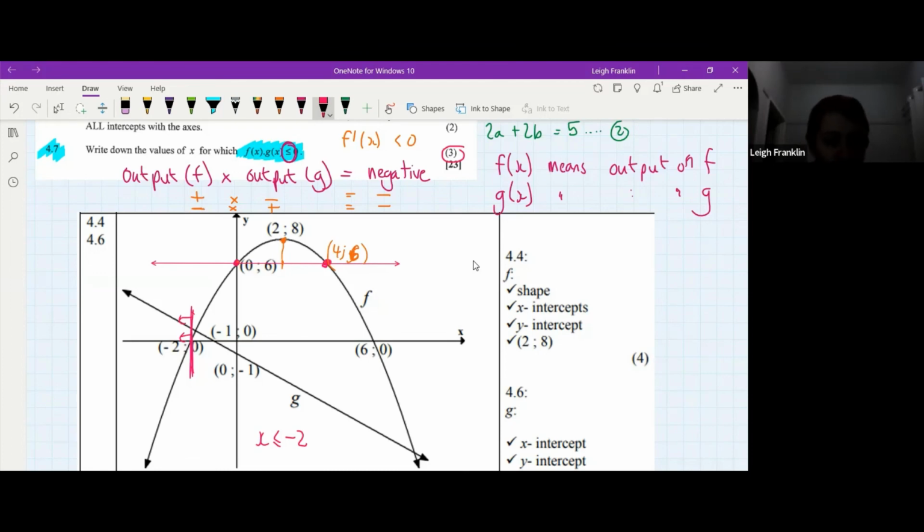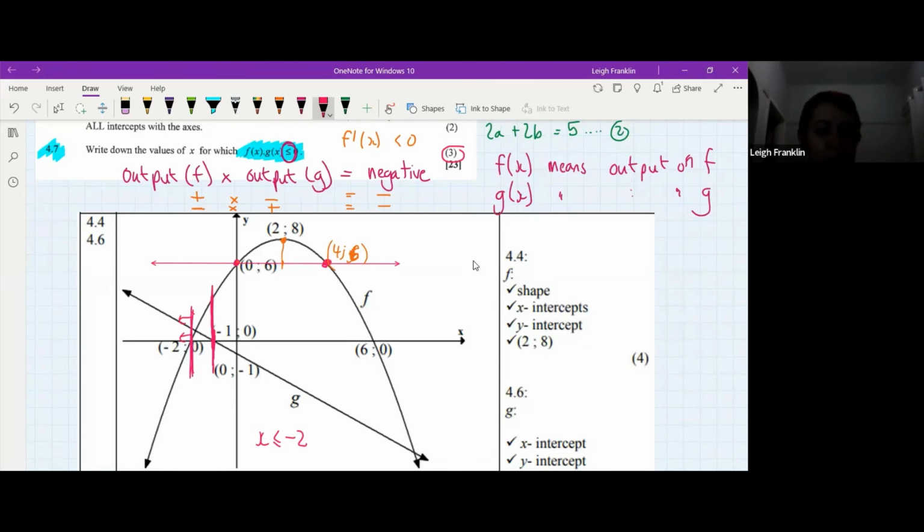So to the right of this pink line, they're both above, aren't they? Ooh, until we get here. All right, so over here, what happens? At this point over here, we've now got the straight line below and the parabola above.